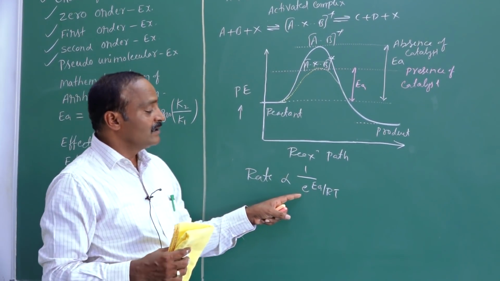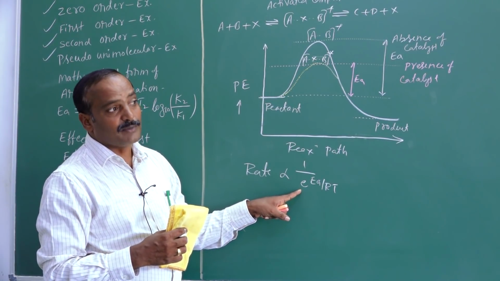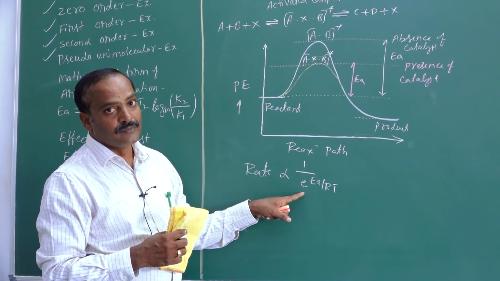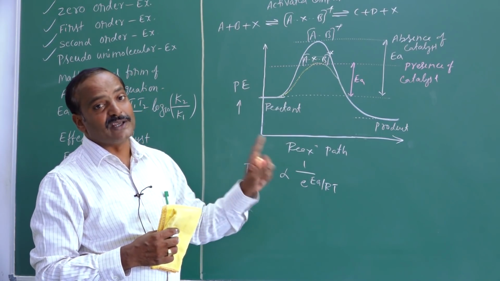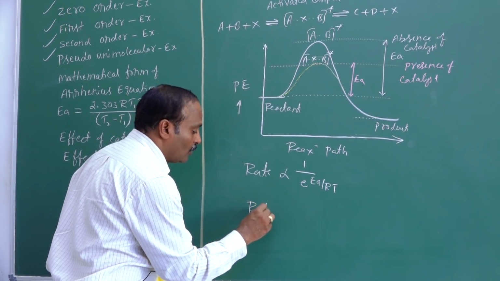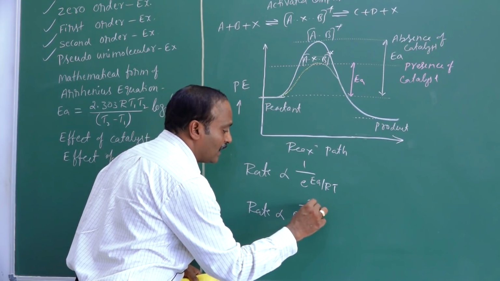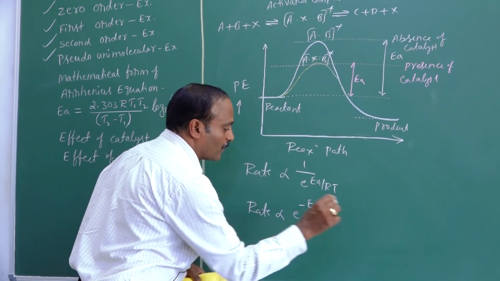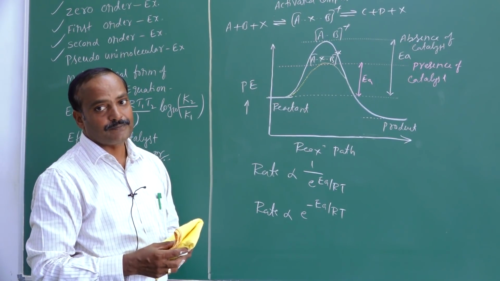Small e represents an exponential term. It is more commonly called the Neperian base. The rate of reaction is inversely proportional to activation energy. Rate is proportional to e to the power of minus EA by RT.